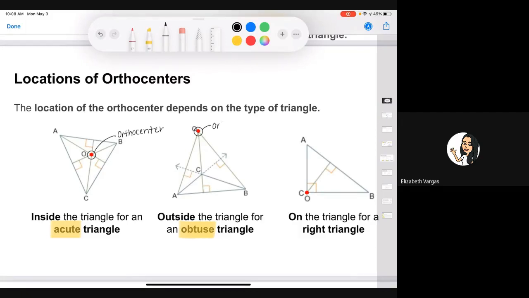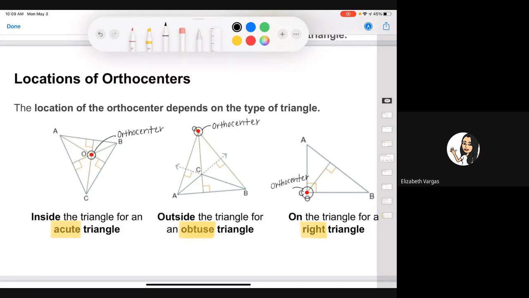This is my orthocenter. And whenever you have a right triangle, your orthocenter is going to be on the triangle. So this would be my orthocenter. Okay. So the location of the orthocenter depends on your type of triangle. Your centroid is always on the inside.